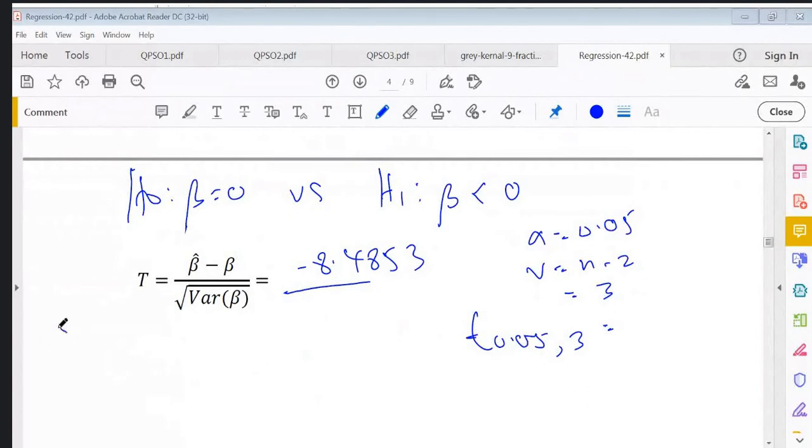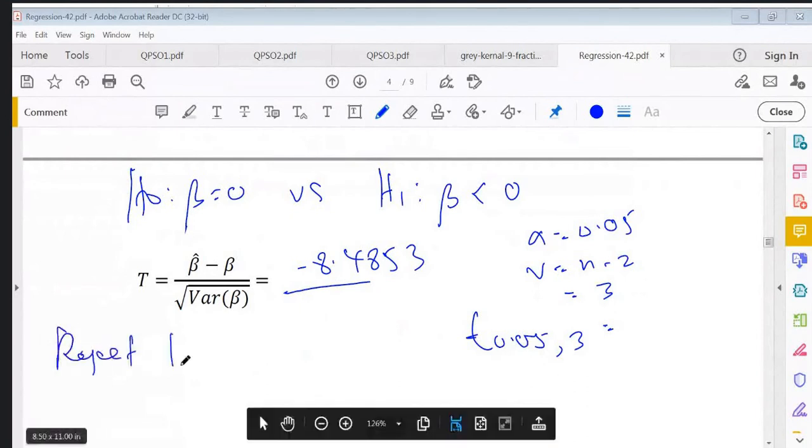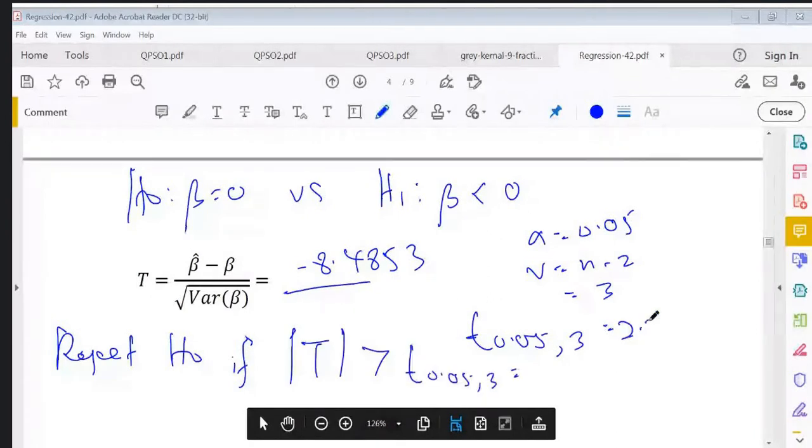For this one, reject H0 if modulus T is greater than T0.053, which is 2.353. Accept or reject?